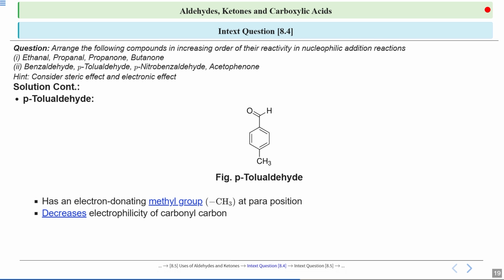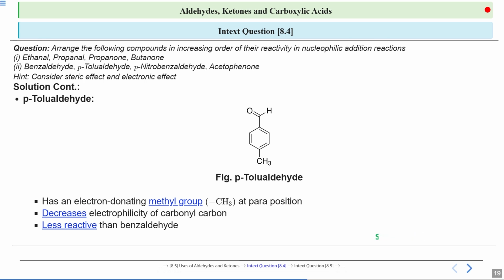So the carbonyl carbon is less reactive towards the incoming nucleophile. This is less reactive than benzaldehyde. Why? Because we have a CH3 group which is donating the electron density, so it is reducing the electrophilicity of the carbonyl carbon.